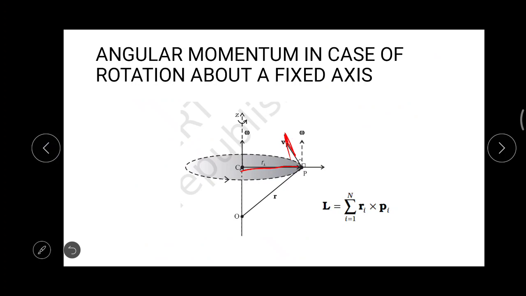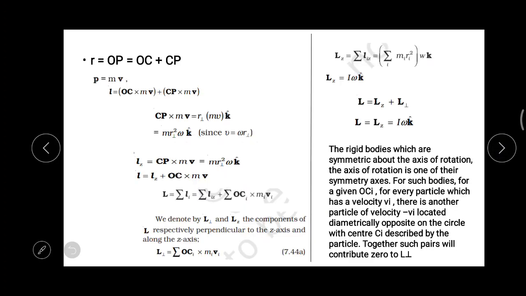The cross product of them will be in the direction of the axis of the rotation. That is the z axis. So the unit vector which will represent that axis will be k cap.